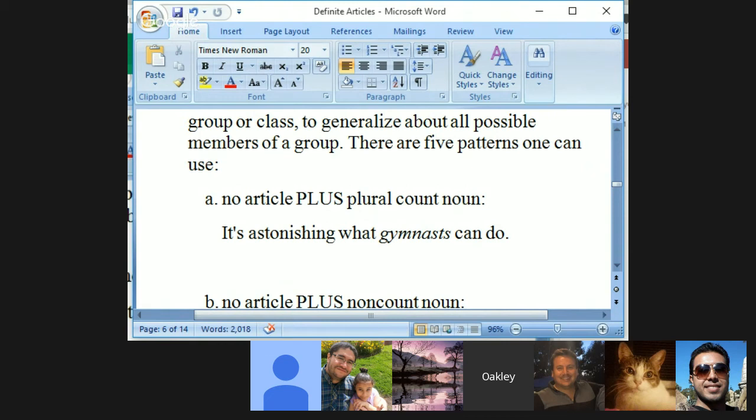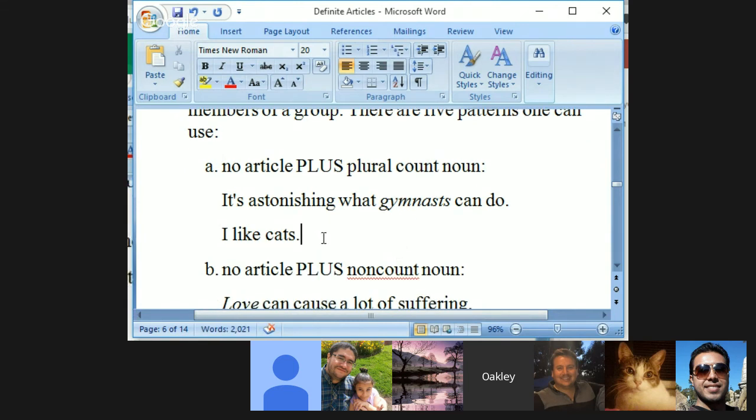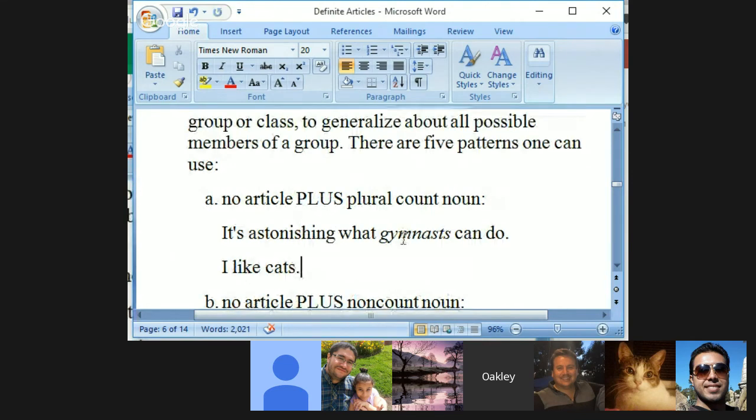Water's an uncountable noun, so countable noun. I don't know. I'll give you an example. I like cats. All cats. So when you're talking about something totally in general, I like cats. Musicians are crazy. You do not use an article, but you use a plural for countable nouns.